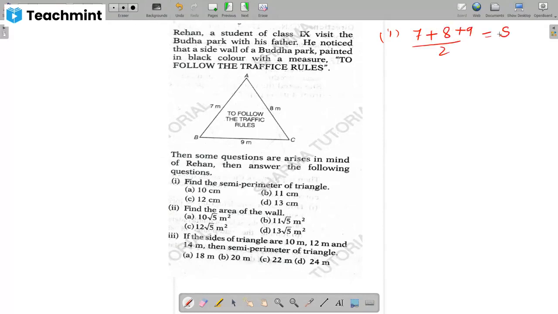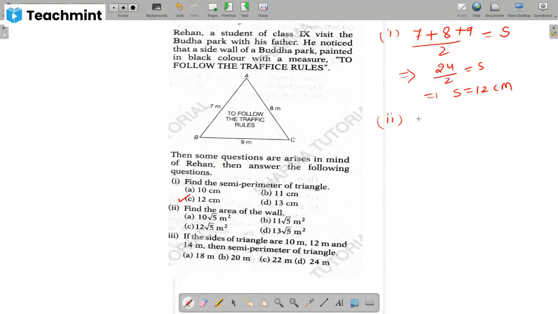This is our semi perimeter, which we represent by small s. So what will be the answer? 7 plus 8 is 15 plus 9 is 24 by 2, 12 centimeter. So the correct option is option C.